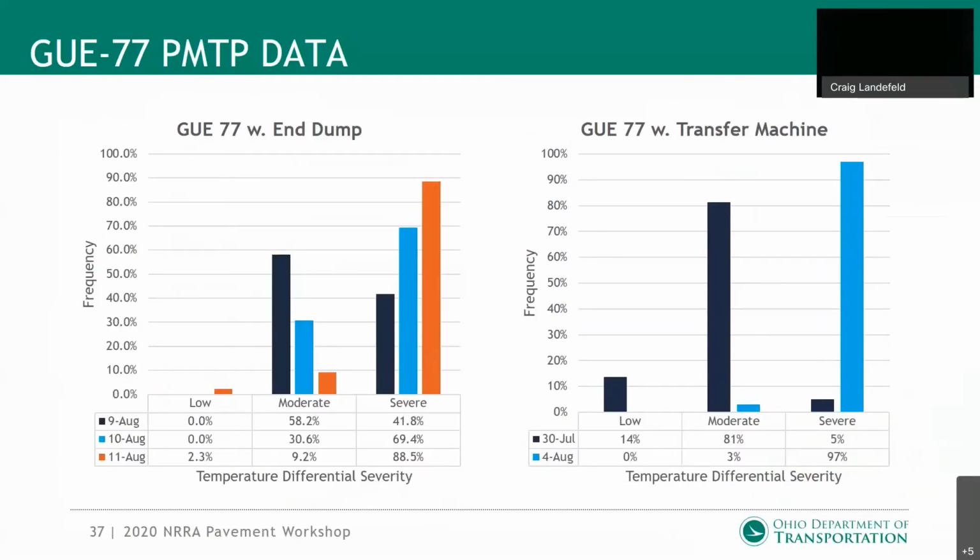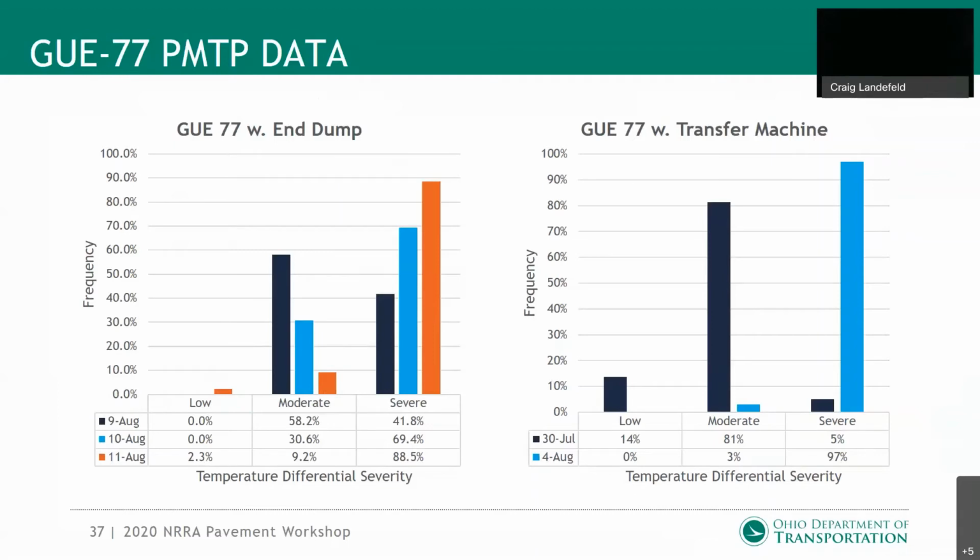But on certain days, we saw some of the reverse scenario. And this is a day on August the 4th, where we had 97% of our profiles with the transfer machine having severe temperature differentials on the project. And this really just kind of goes to show that with any machine, you're limited by how you operate it.